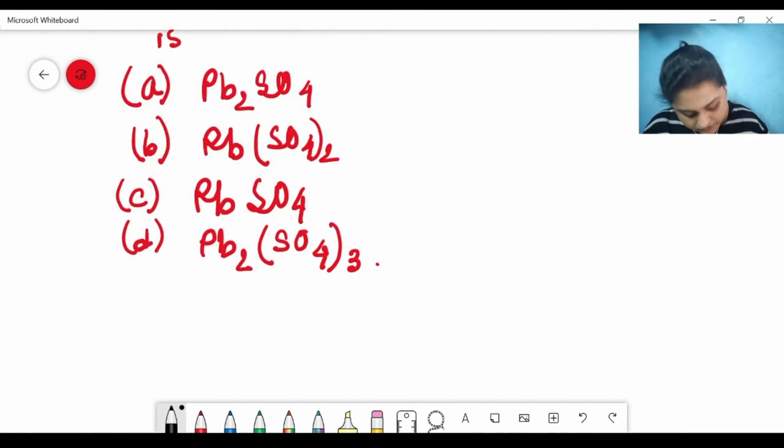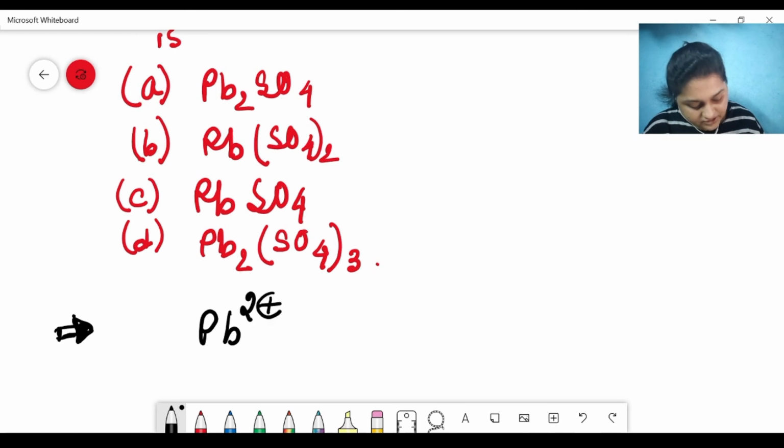Now, to answer this, we need to take the valence state of individual elements and the radicals. Now, lead can be found in +2 oxidation state, and sulfate ion is SO4 2-.